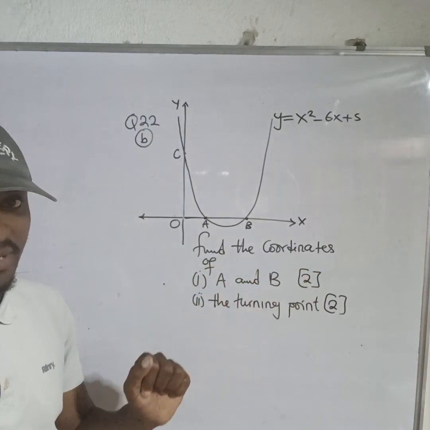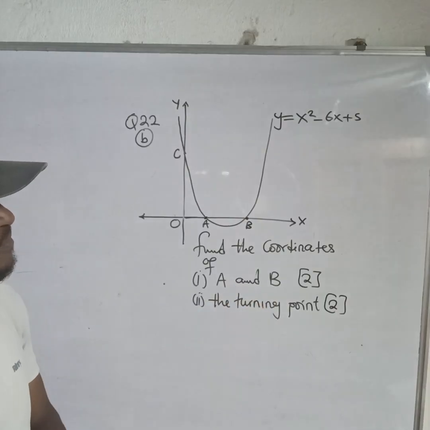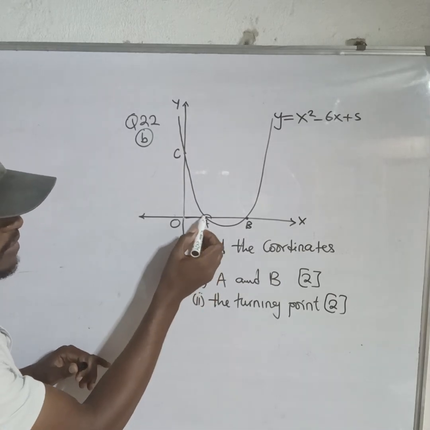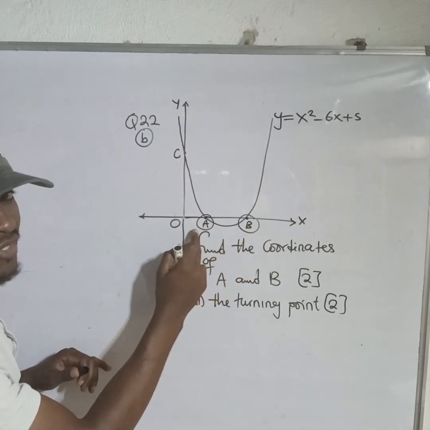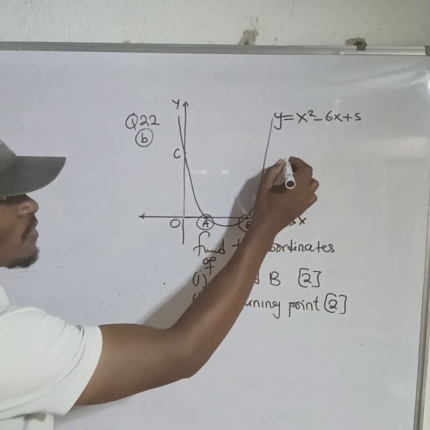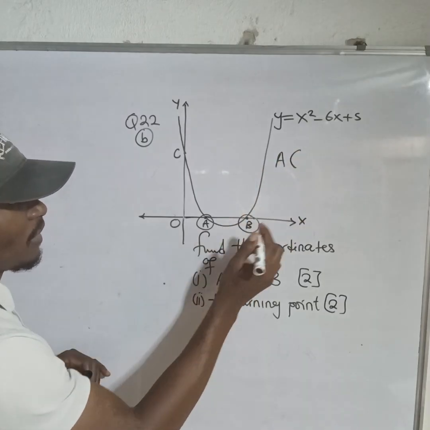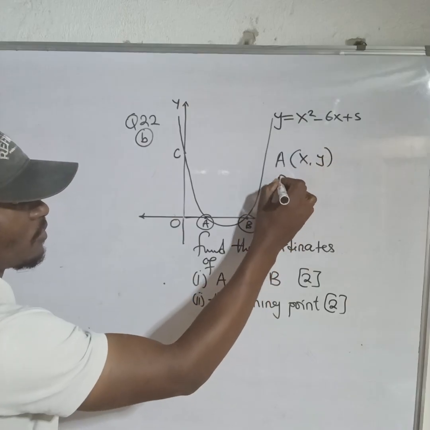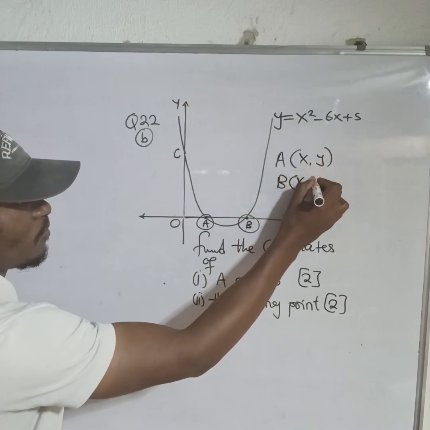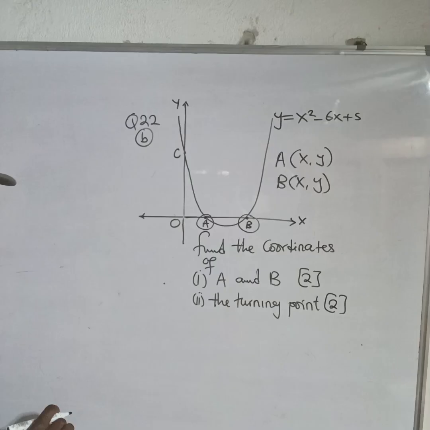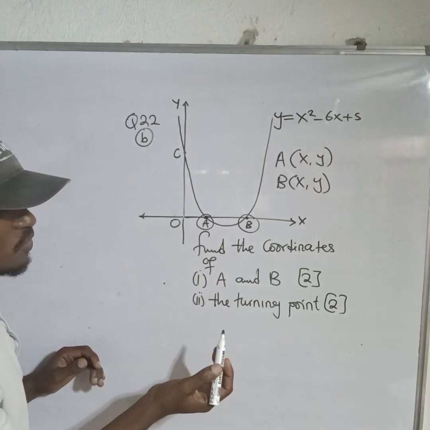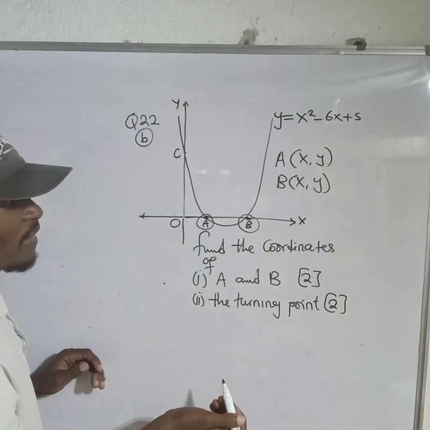Find the coordinates of A and B. So how do you find the coordinates of A and B? The first important thing is you look at this position, which is A and B. For A, you have the coordinate x, y, and also for B, x, y. Meaning there is a number here that I don't know, and a number here that I don't know.